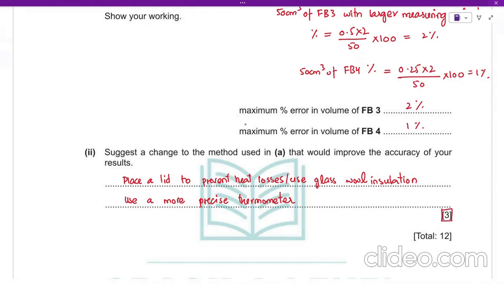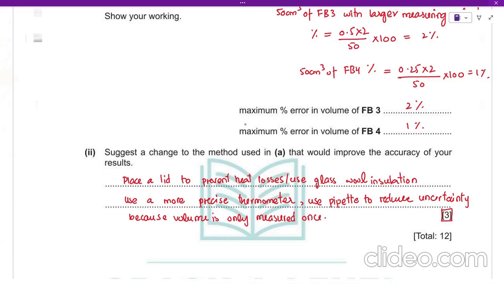So a precise thermometer, and you can also use a pipette to reduce uncertainty, because volume is only measured once. So these can be the improvements.